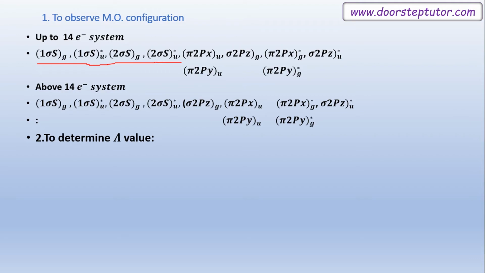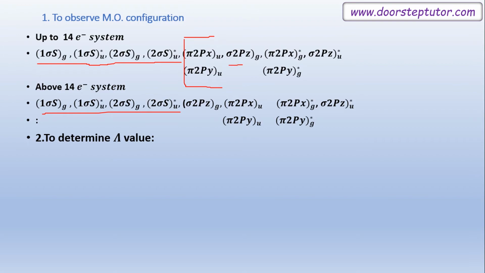This is common for all diatomic molecules, but the only difference is that if the diatomic molecule is up to 14 electron system, the electrons enter into the pi 2py according to the symmetry conditions. So the electrons enter into the pi 2px first, then the electrons enter into the sigma level only.